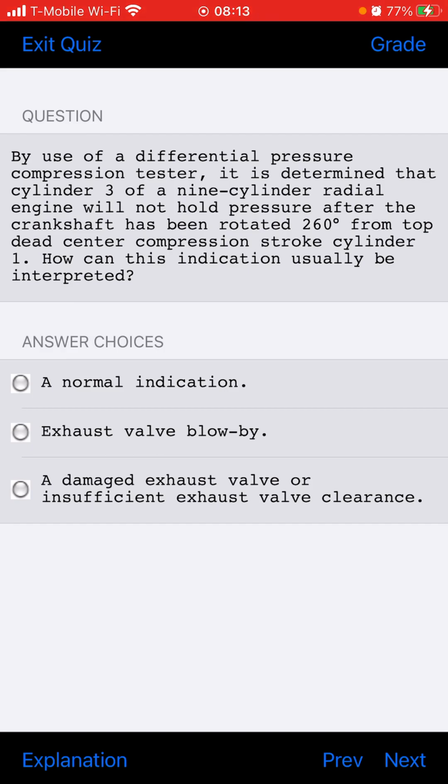The compression ratio of the reciprocating engine is the ratio of the volume of the cylinder with the piston at the bottom of its stroke to the volume of the cylinder with the piston at the top of its stroke. If the cylinder has a volume of 70 cubic inches with the piston at the bottom of its stroke and 10 cubic inches with the piston at the top of its stroke, compression ratio is 7:1.